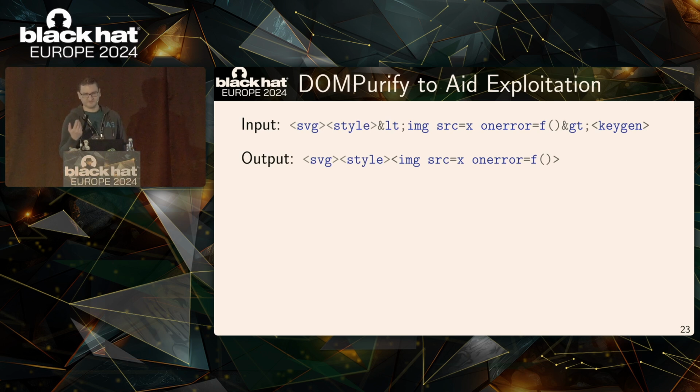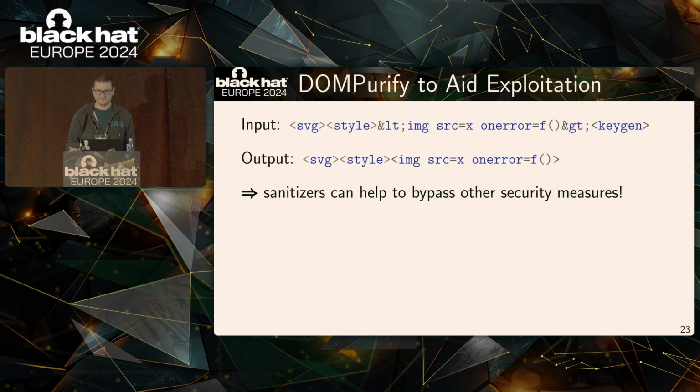And this can, for example, be used if you have a web application firewall in front of your sanitizer: the benign payload passes through the web application firewall because it would never execute JavaScript, and DOMPurify turns it into something that will execute JavaScript. So basically, the sanitizer turns benign input into dangerous output and helps you circumvent defense in depth mechanisms. So there are a lot of issues with sanitization.